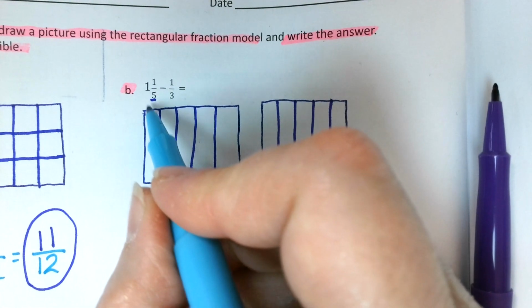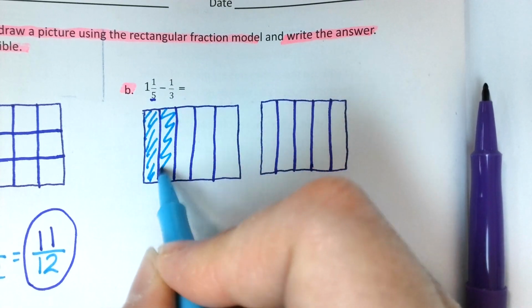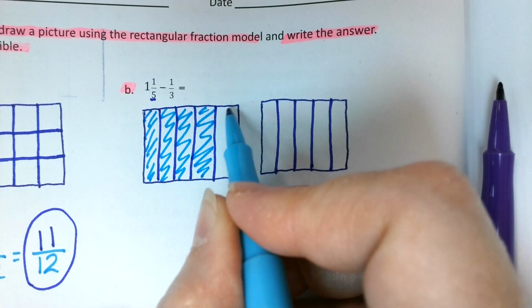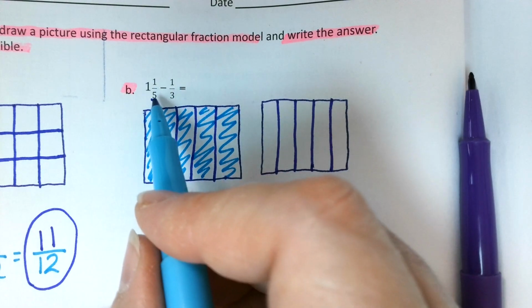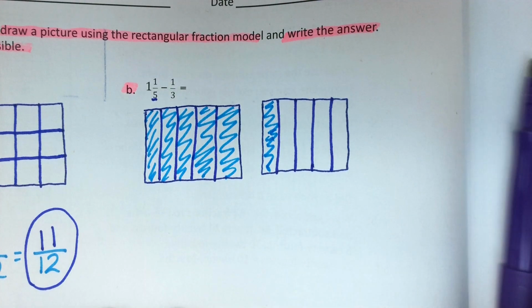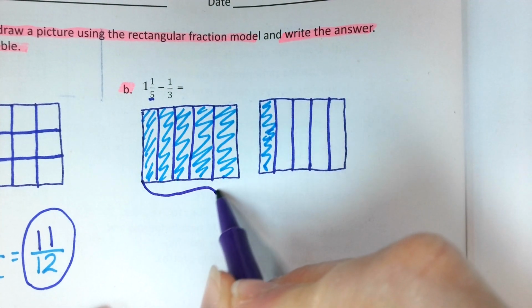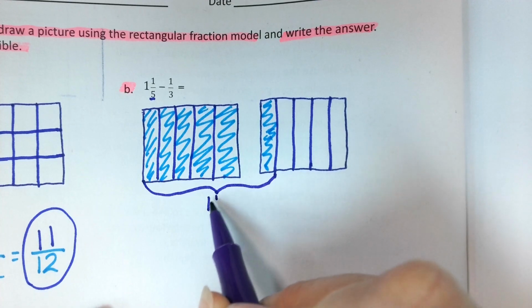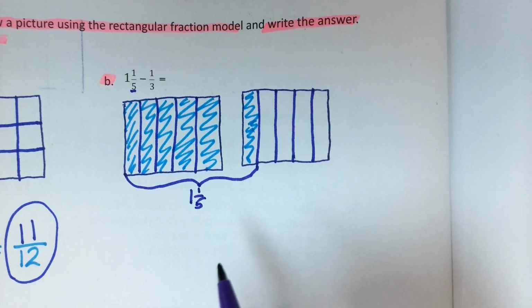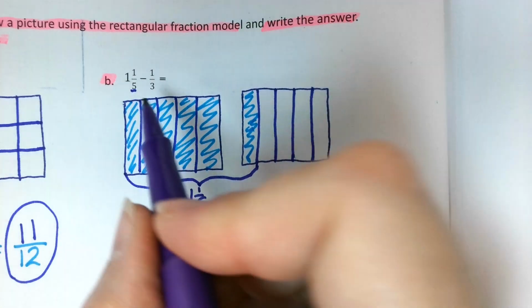I'm shading one whole and 1/5. So that is the whole that I will be subtracting from. Now we need to find our new denominator.